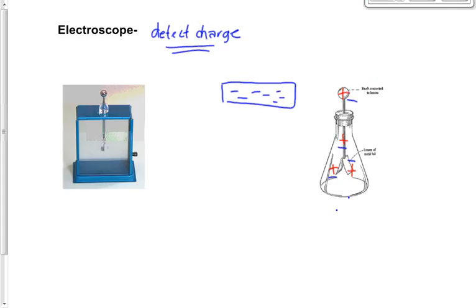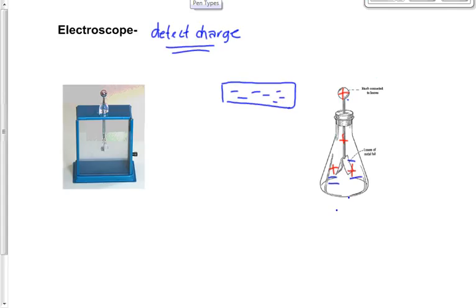Justin, what's going to happen to the electrons in here? Nothing's going to transfer, unless these guys are really, really close, and let's assume they're not close enough to jump over. Derek, what's going to happen to the electrons in the electroscope? Good. They're going to be pushed down. So they're going to get pushed down to here and here.